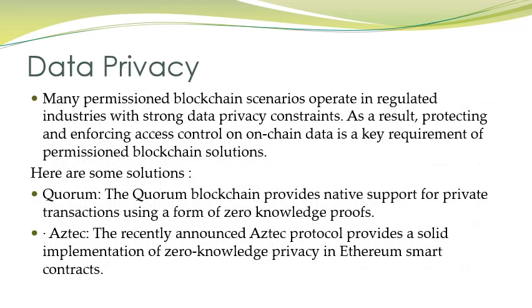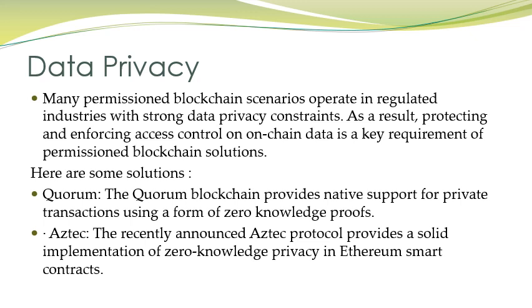Then the next challenge is data privacy. We know where these permission blockchains are used: for a group of people that are already known, predefined, and pre-selected from an organization, and such people come together and form the blockchain.